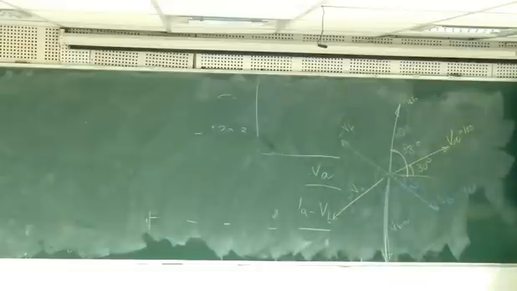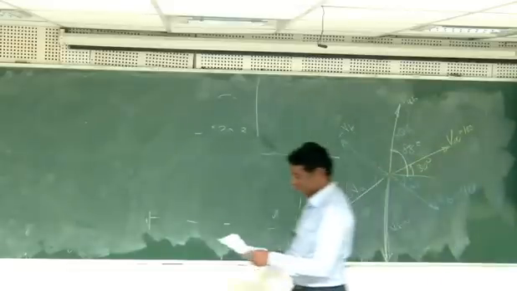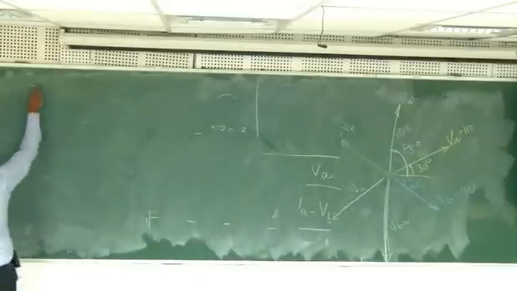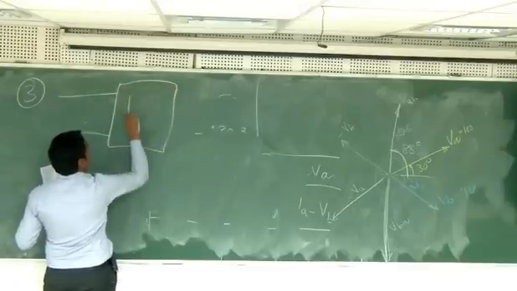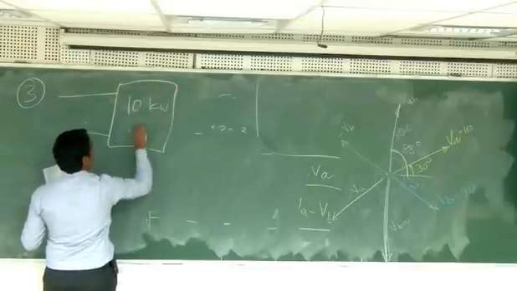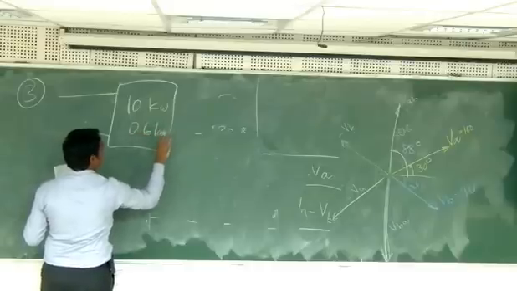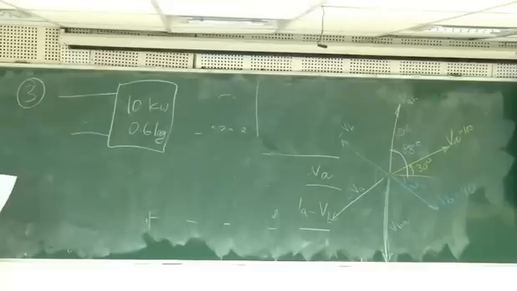The third one is slightly more general. This is an electrical load, 10 kilowatt, 0.6 lag. Draw the power triangle.